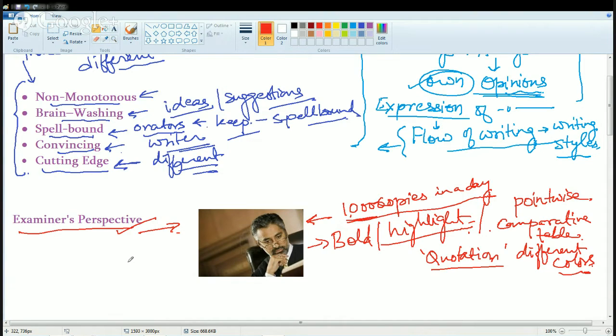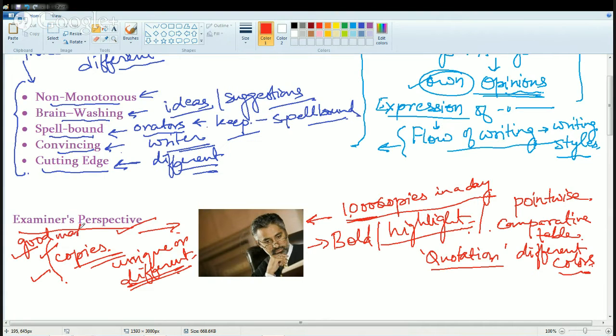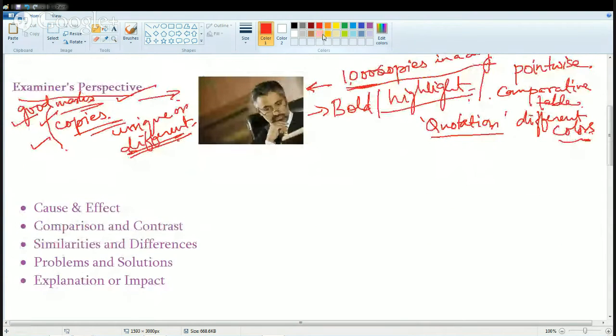Since the examiner has a huge burden of checking copies, only the copies where the examiner will find something unique or different, the probability that he would be reading and going through those copies is very high. And since he would like those copies, the probability of getting good marks is very high. So if you try to follow the examiner's perspective, this is the basic essence that you must follow.